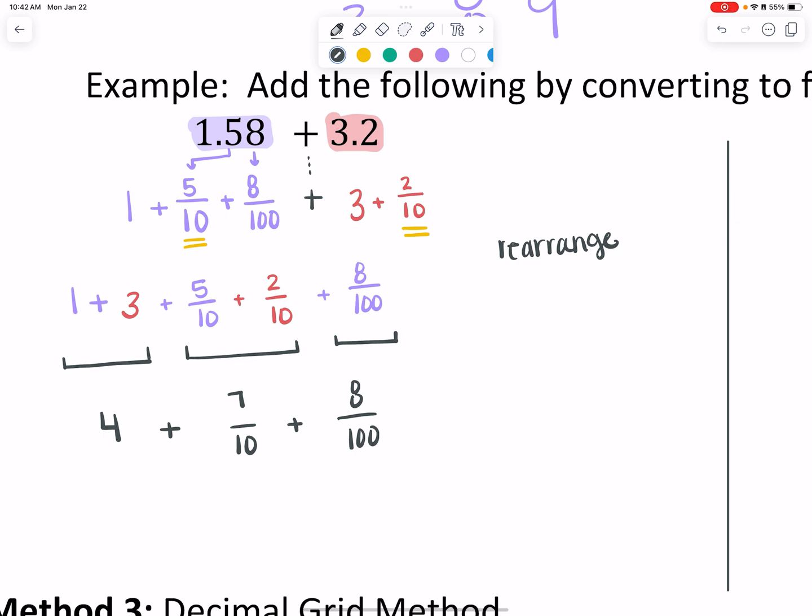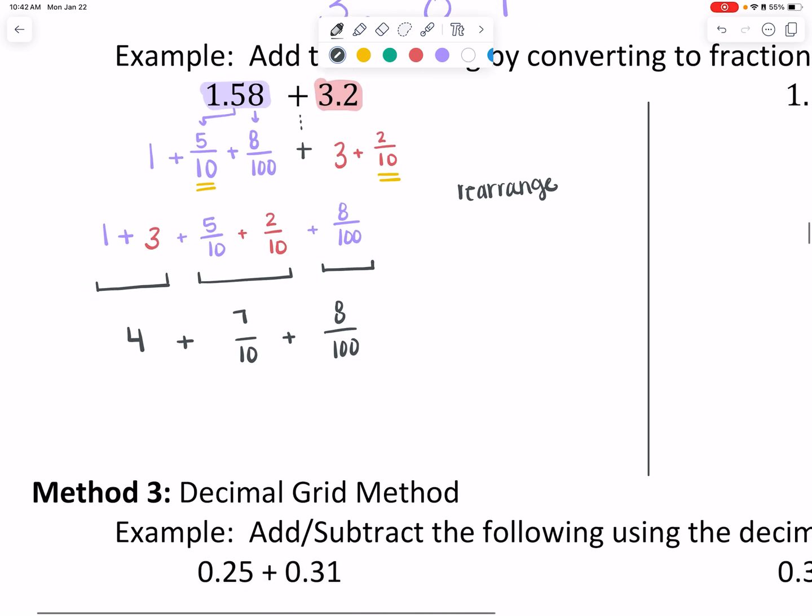Now I can reconvert that into decimal notation. 7 over 10 is 7 in the tenths place, and 8 over 100 is 8 in the hundredths place. So 4.78 would be my final answer.